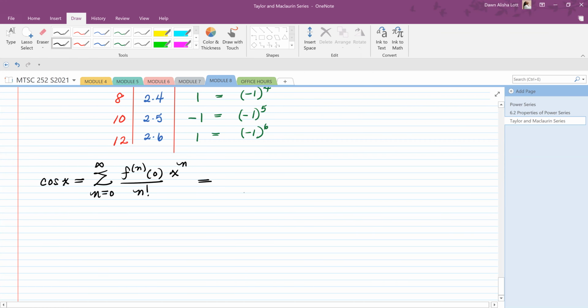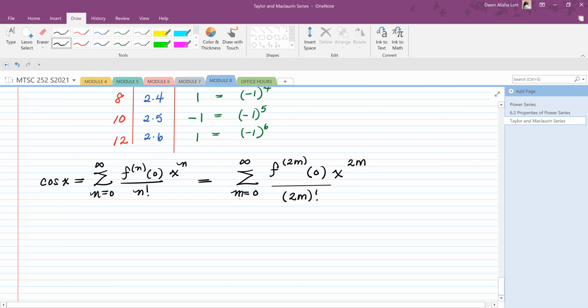So let's make this the sum m equals 0 to infinity of the 2m-th derivative, because we only want the even ones, at 0 times x to the 2m divided by 2m factorial.